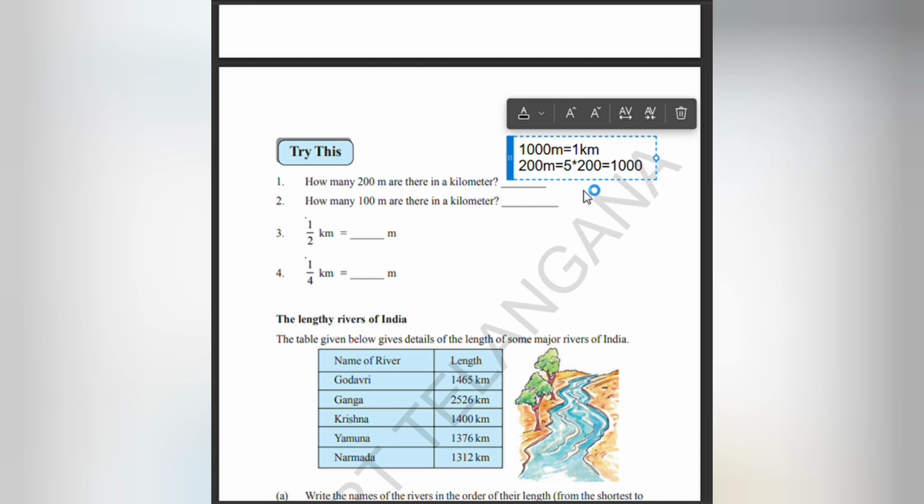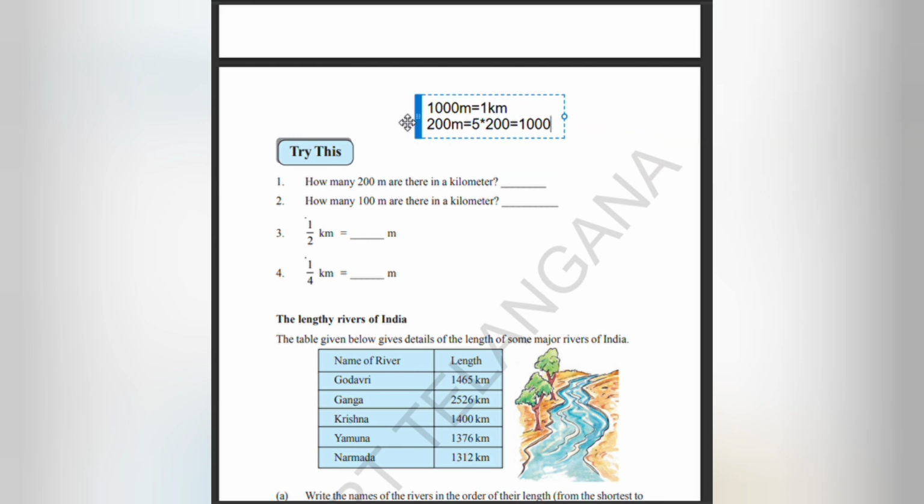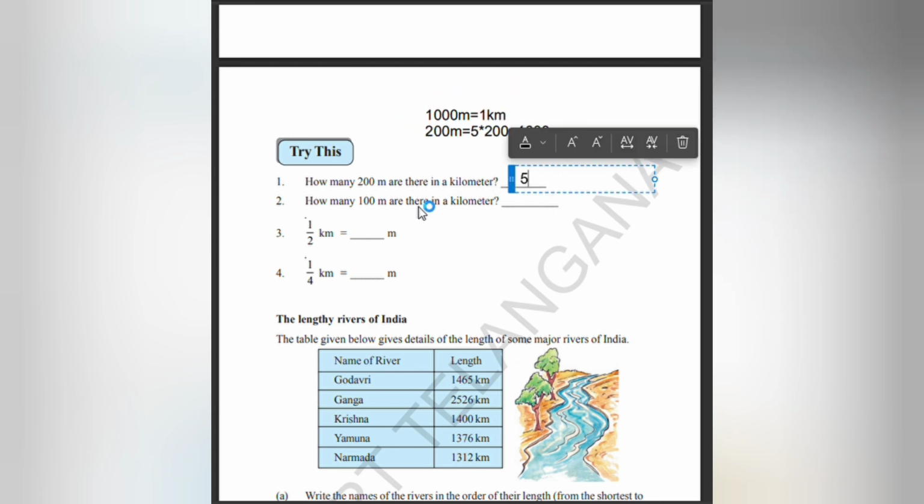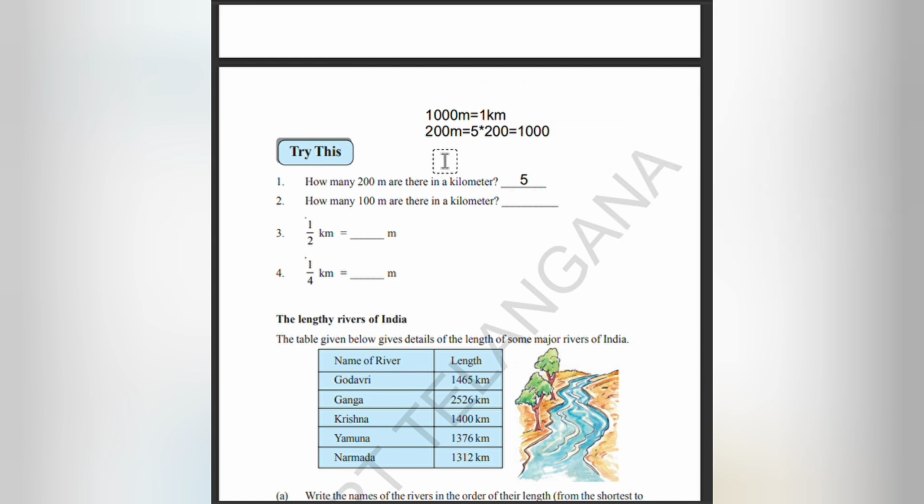Okay. How many 100 meters are there in a kilometer? So first, what we have to write here is 5. How many 100 meters are there in a kilometer? 100 meter is equal to how many? 10 into 100 is equal to 1000.